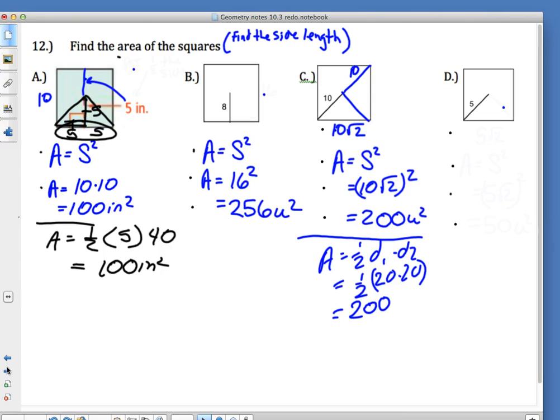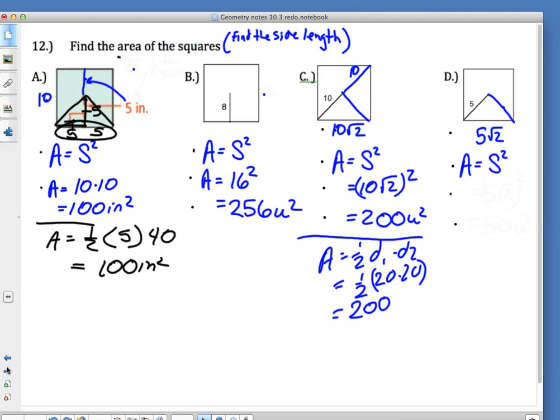You guys go do D. Number 5 times 2 is 10. 10 times 10 is 100. Divide by 2 should be 50. Should be 50 for D's answer.